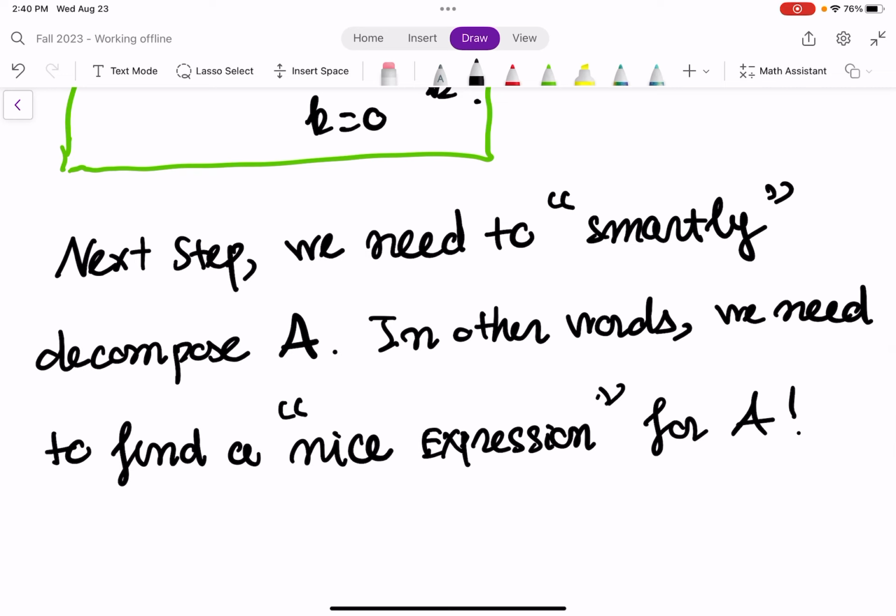What do I mean by a nice expression? It means you can decompose A as a multiplication of matrices in a way that when you raise it to the power of k, like A to the power of 2, A to the power of 3, you get a very nice pattern, and things cancel out.